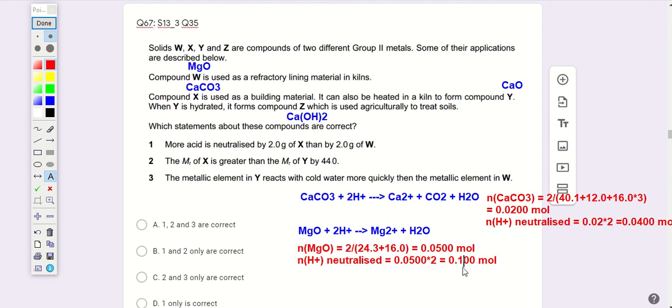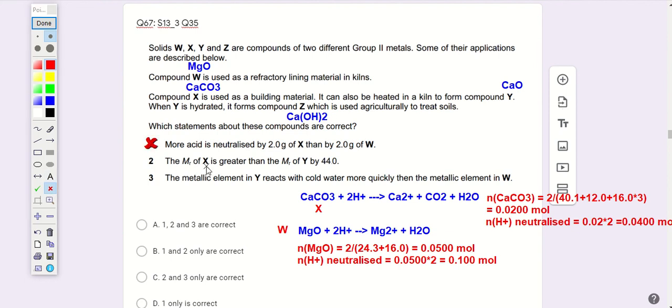So you see, this is the amount of acid neutralized by magnesium oxide, and this is the amount neutralized by calcium carbonate. So which one is more? This is X, and this is W. So W is more than X. But the first statement says X more than W. So the first statement is wrong.